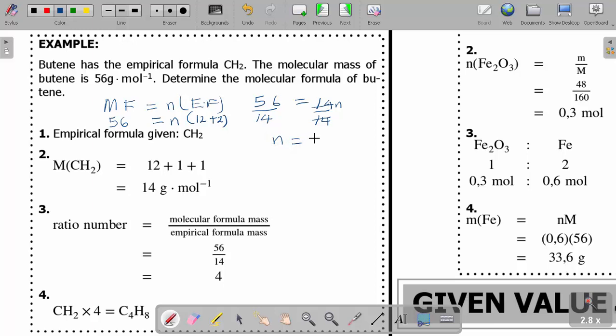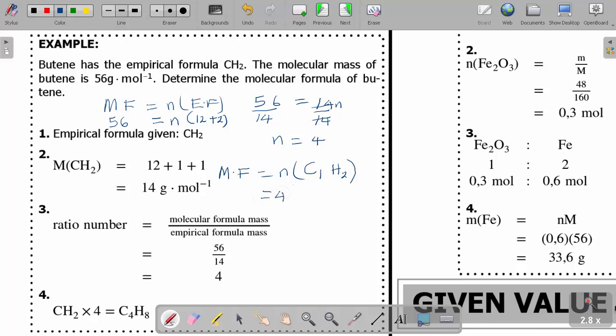I get 4. Now after getting 4, to get my molecular formula, I just said that the molecular formula equals n, open brackets, empirical formula, which was given by C1H2. Then I multiply through by n, but my n is 4.